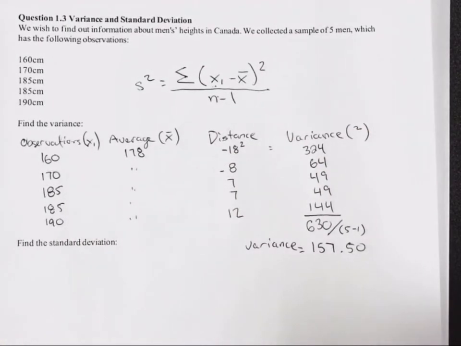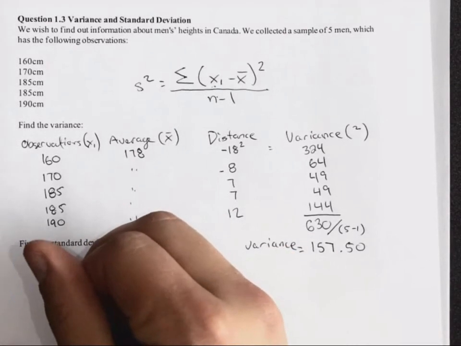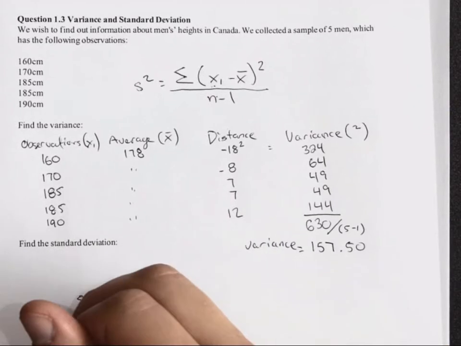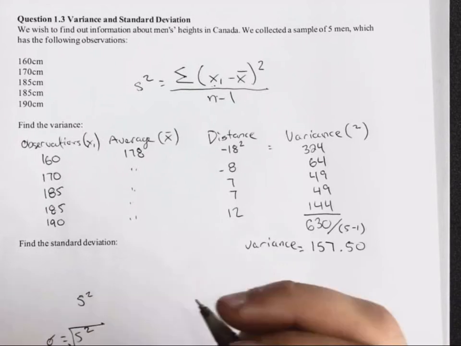Now, the standard deviation is going to be our variance. Standard deviation will be our variance square root.